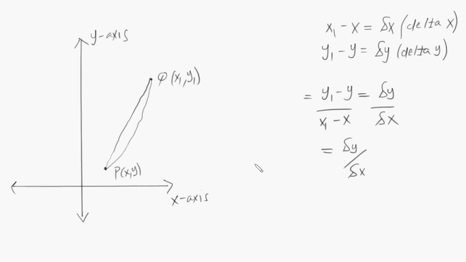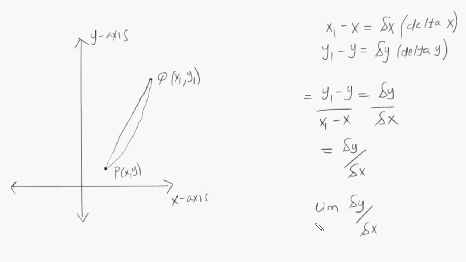But we don't want to deal with the gradient of a straight line. We want to deal with the gradient of the curve at point P, x, y. So as we learned in the last tutorial, the gradient of a curve at point P, x, y is just the limiting value of this gradient of a straight line PQ as P and Q are very close to each other.